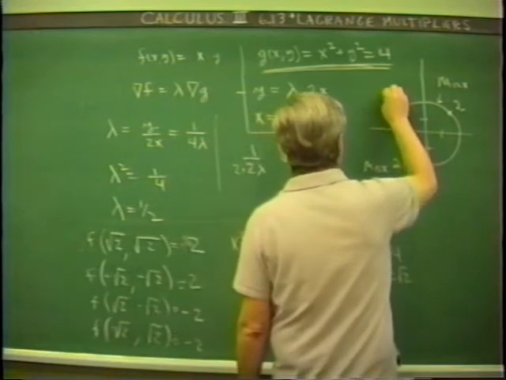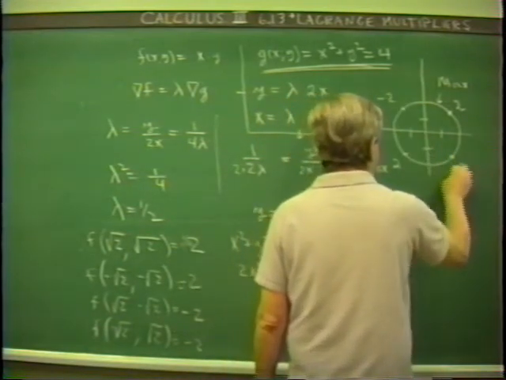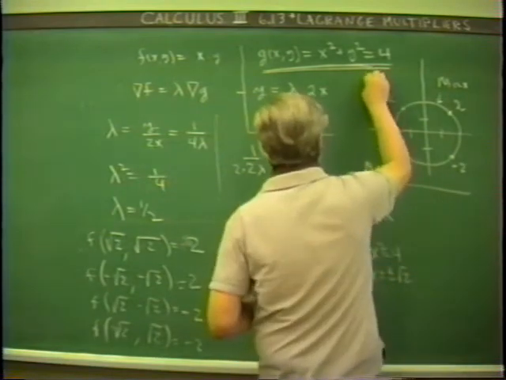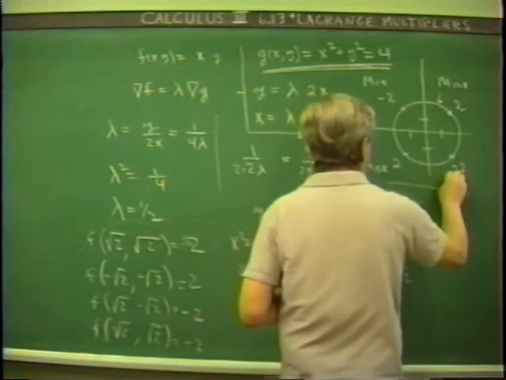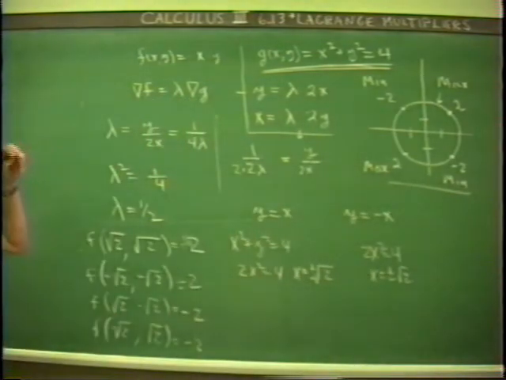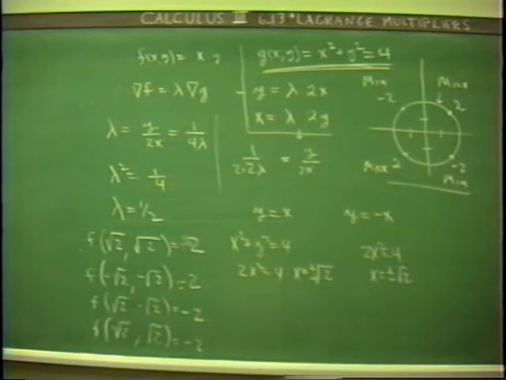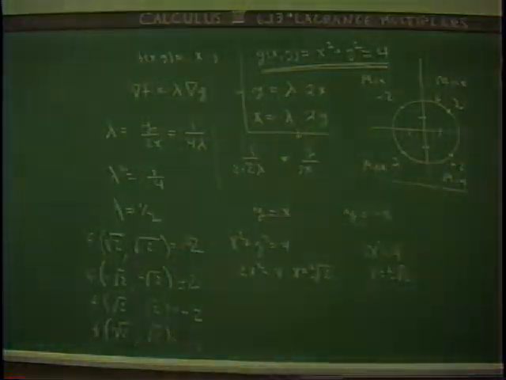It's also maximal over here, its value is 2. So these are the maxima. And the minima are over here at minus the square root of 2, where the value of the function is minus 2, and over here where the value of the function is minus 2. So these are the minima. So there's a simple example illustrating Lagrange multipliers.